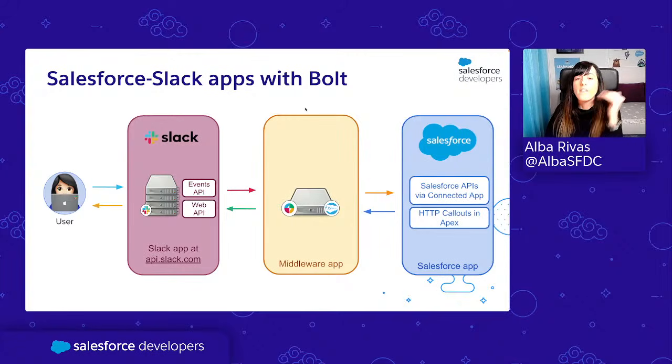But if in addition I wanted to create a Slack app that integrates with Salesforce, I had to code and build all the authentication with Salesforce. If you wanted to perform actions in Salesforce on behalf of a user, you had to implement a user-to-user authorization flow, which is not an easy task to do, right?